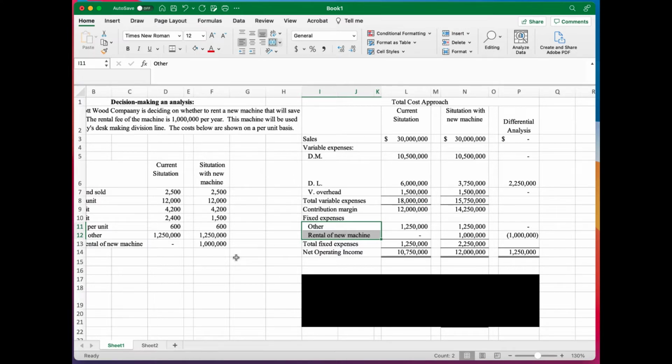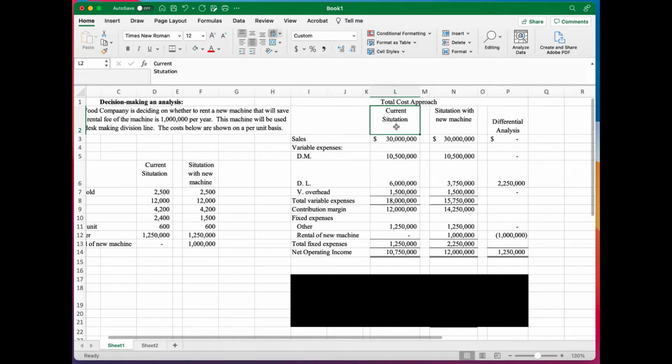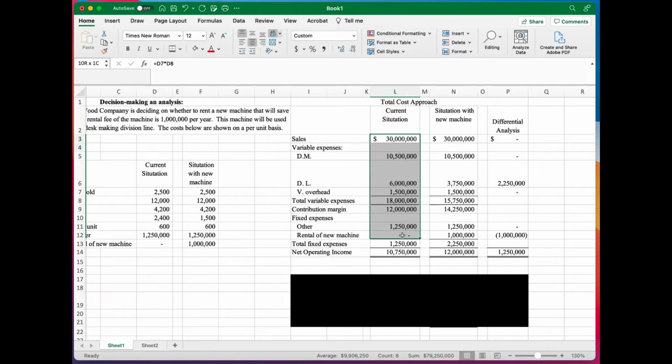Now, it's comparative in the sense that here are my results if I use my current situation, which means I'm not going to use the machine, here's what my results would be. If I rent the new machine, here's what my results would be.